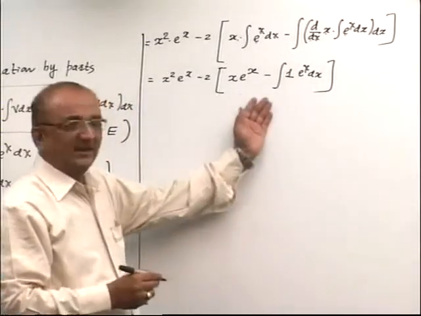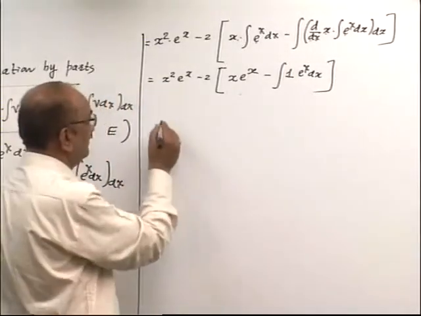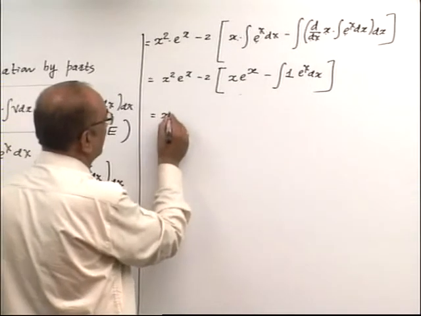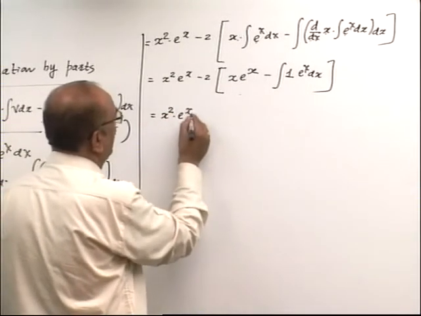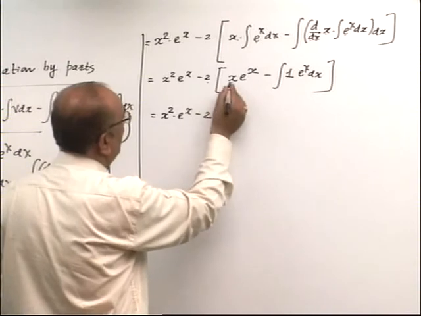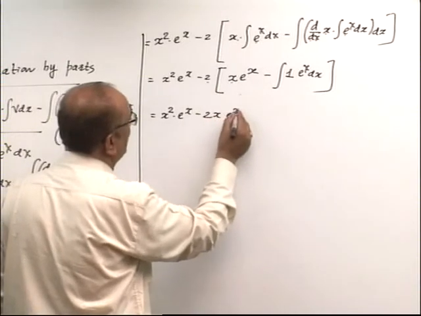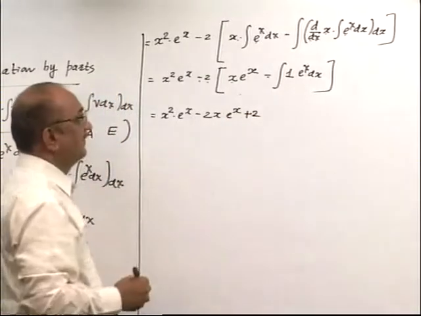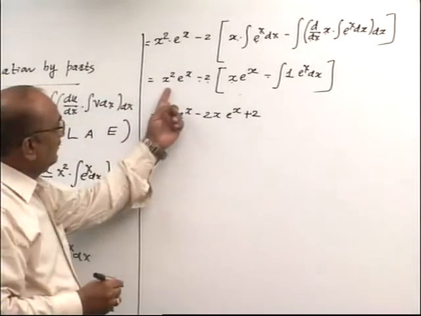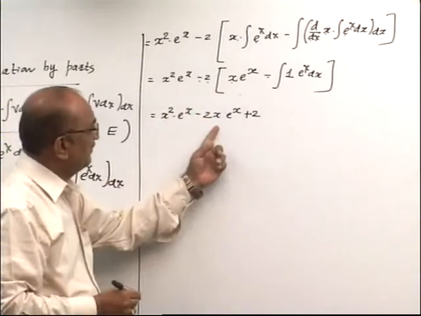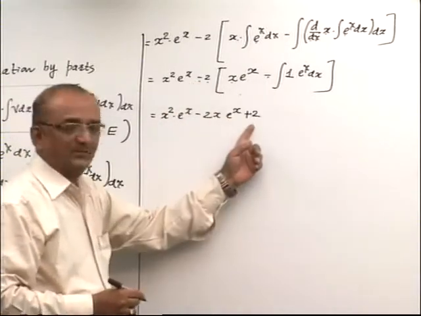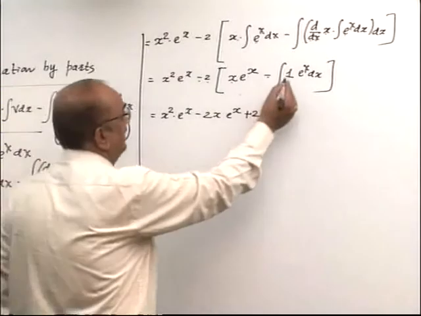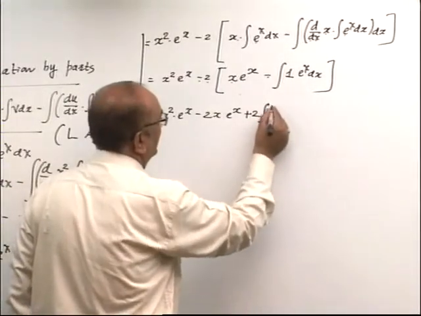Now we can open the bracket with 2. What do you write? x square into e raised to x minus 2x e raised to x plus 2, 1 into e raised to x is e raised to x dx.